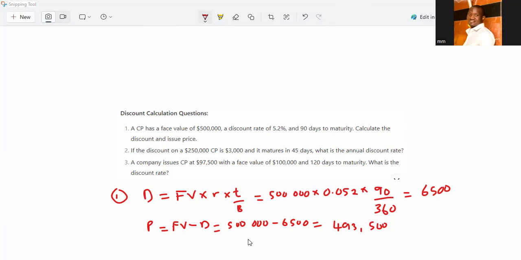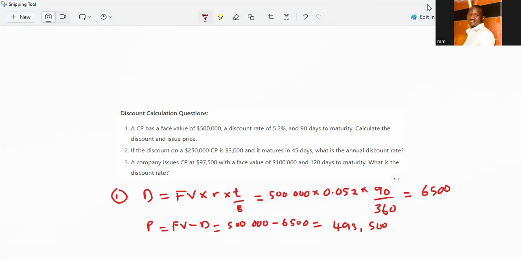You first need to understand how to calculate the discount. Sometimes you may not be given the discount rate, and you can also calculate it. For those in the paid up group, I will make a compilation of all the formulas.